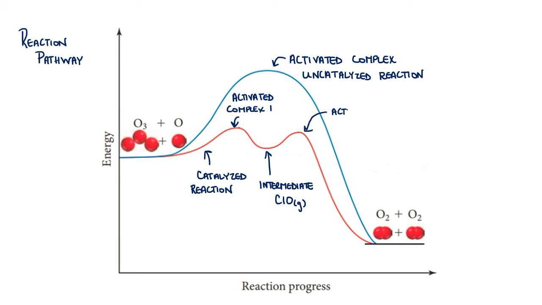Then we have step 2. We have an activated complex for step 2 of the reaction, so we'll call this activated complex 2. And then we get our energy out, so we have that overall exothermic reaction. Overall, we get the same amount of energy out, but when we have a catalyzed reaction, we have a much lower activation energy, which causes this reaction to happen a lot quicker than the blue reaction, which was our uncatalyzed reaction.